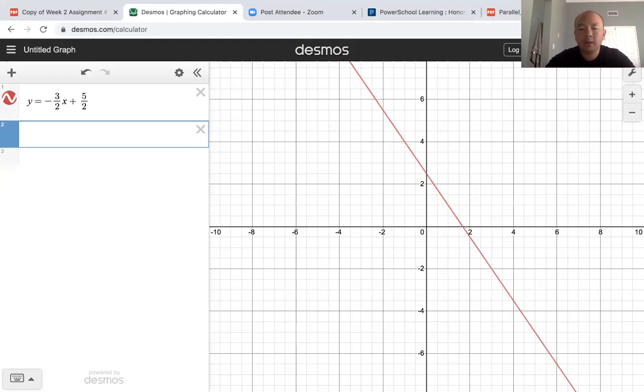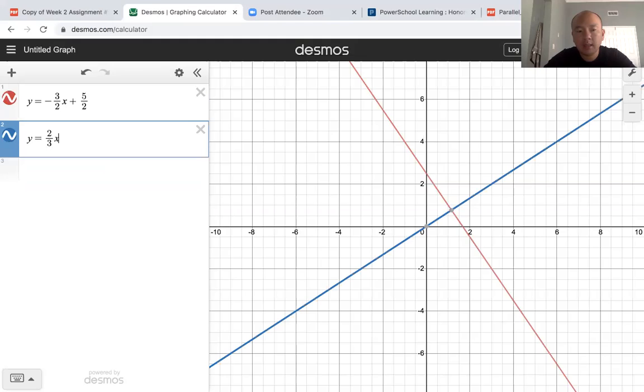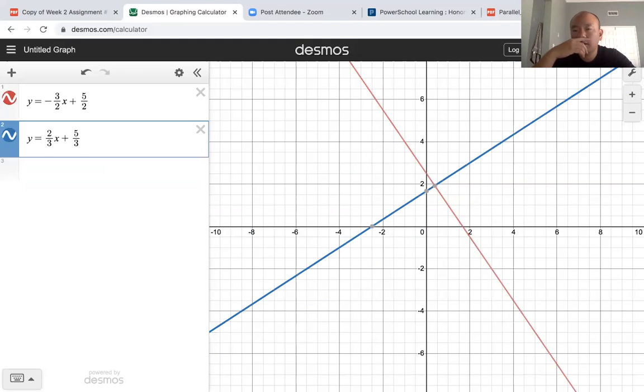Okay, and then we'll look at y equals 2 over 3 x plus 5 over 3. Okay, so look at the lines. Notice that the lines are perpendicular, right? They cross each other at a 90-degree angle, and they hit each other at this point right here.